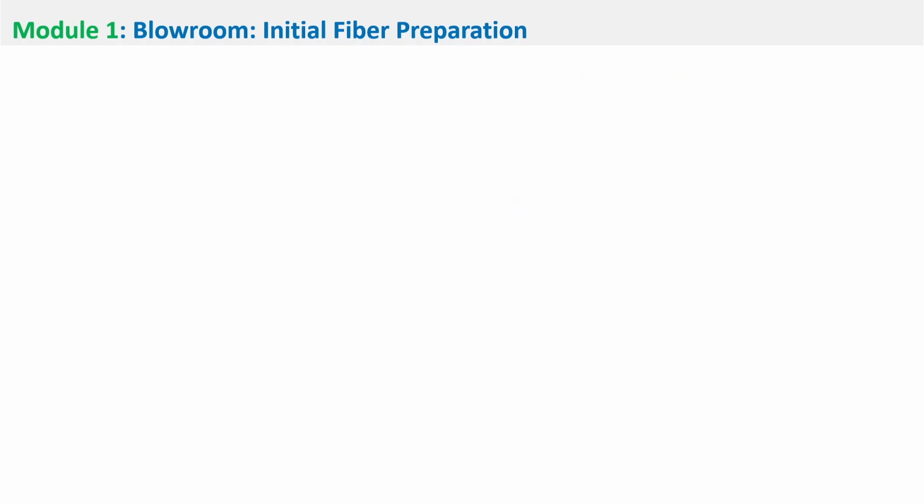The overview of the course is that we will start with Module 1, which is Blowroom, that is the initial fiber preparation, mainly the staple fiber preparation for long spinning process.